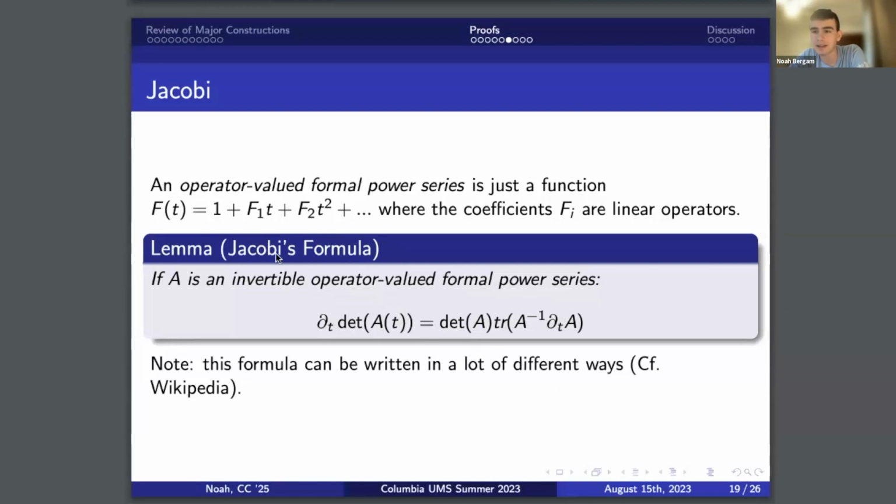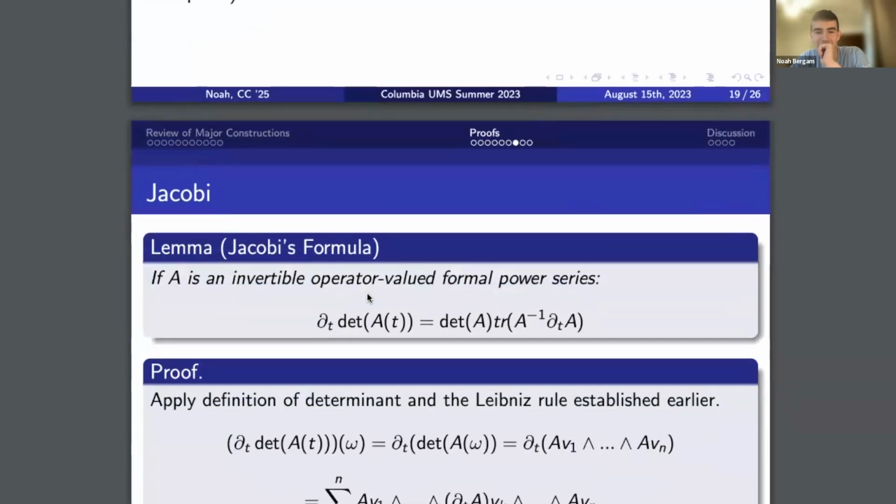Because I guess the clickbait way of talking about Jacobi's formula is like, oh, the derivative of the determinant is the trace. So if someone says that, you should be like, no, you're clickbaiting me. It's a little more complicated than that. Yeah. Okay. So how do you prove it?